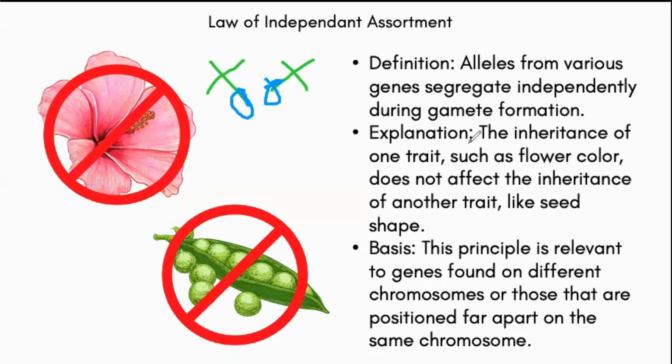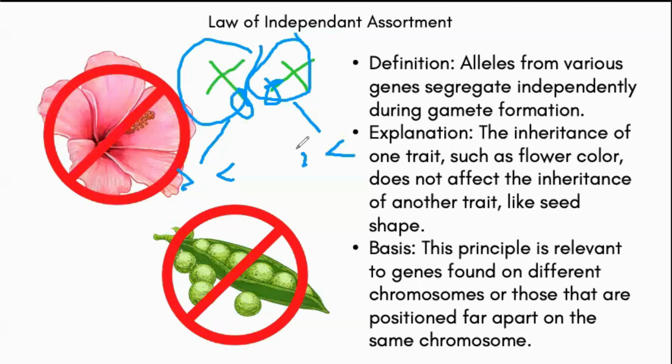Well, remember during meiosis 1, we have those chromosomes ending up separating. And then in meiosis 2, we have the chromosome itself individually separating to create those 4 daughter cells. Okay, so what happens is the alleles of those genes are segregated independently during this gamete formation.